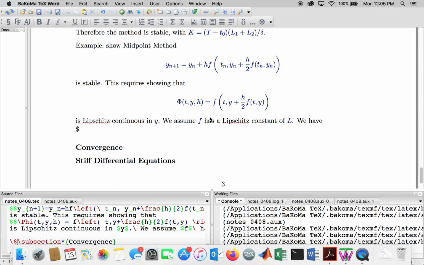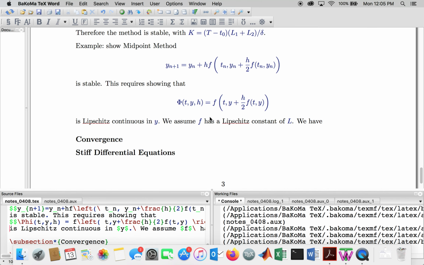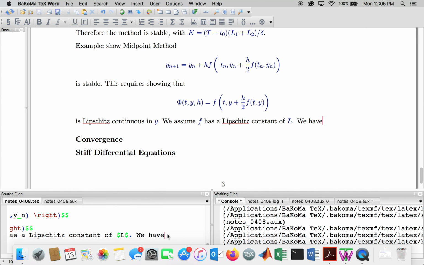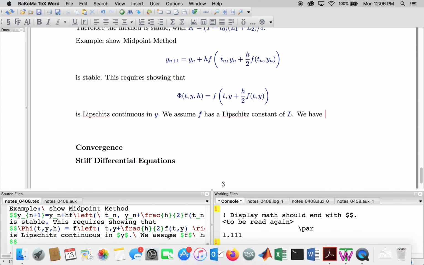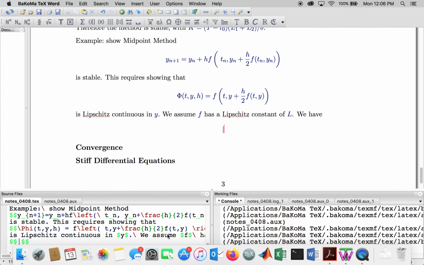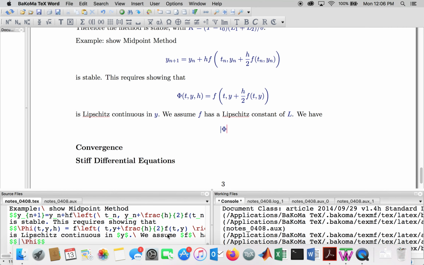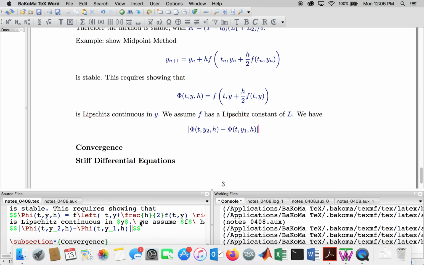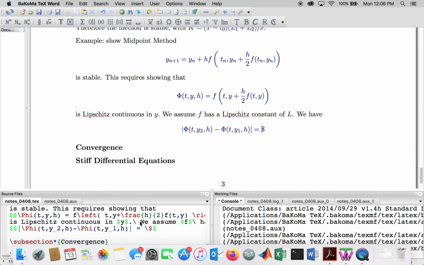So what I'm going to do is check Lipschitz continuity. I'm going to check phi of t, y2, h minus phi of t, y1, h. All the other arguments are held fixed; it's only y that changes. So what does that equal?